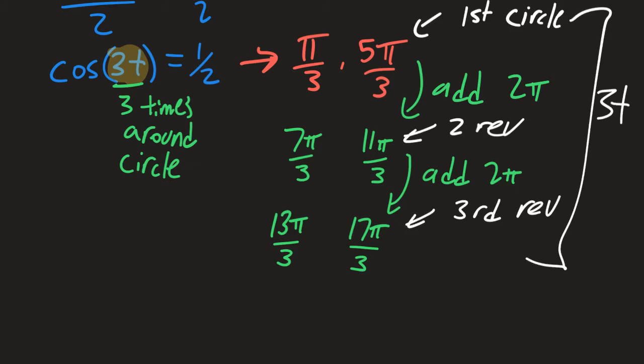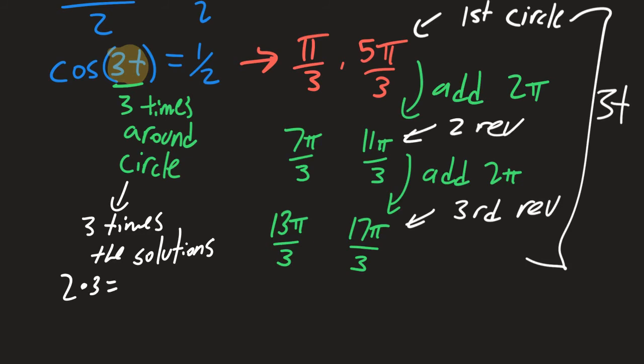To actually get my t value, I'm going to divide by 3 for all of these. You should just note 3 times around the circle means 3 times the solutions. Normally on the circle, you can have 2 solutions in that first rotation, but since this was 3t, I have 2 times 3, 6 total solutions.